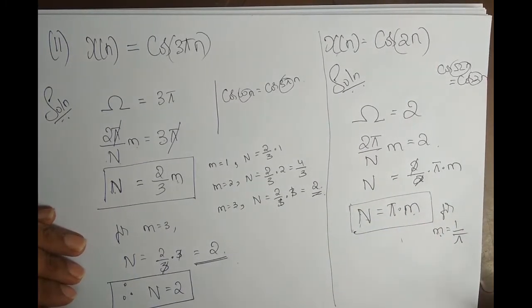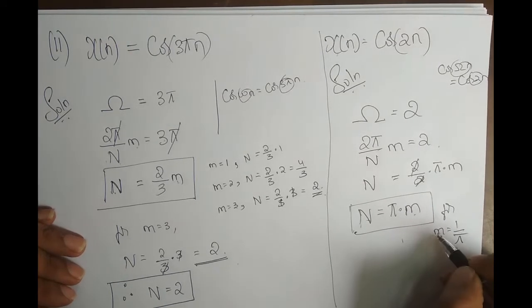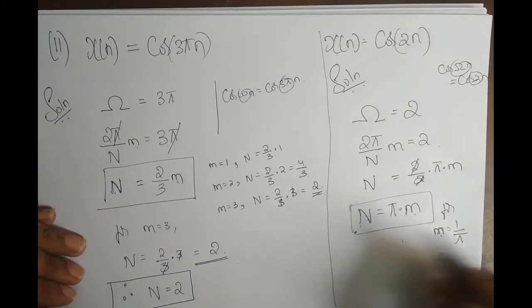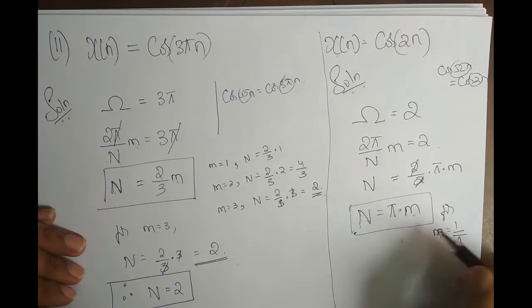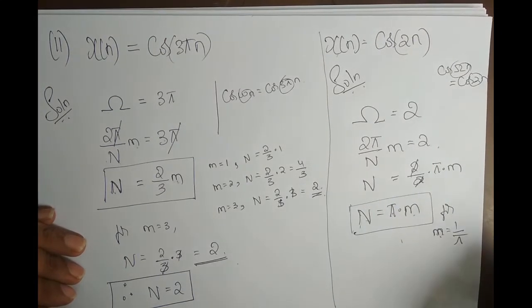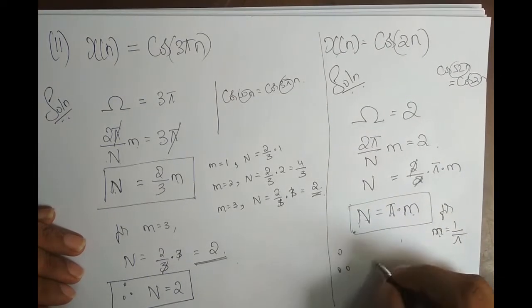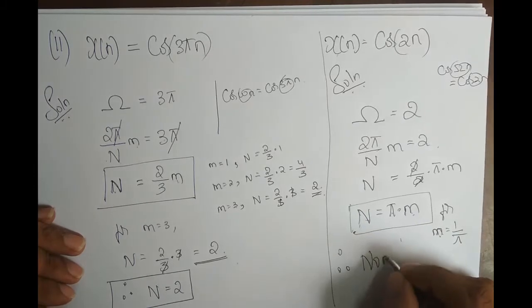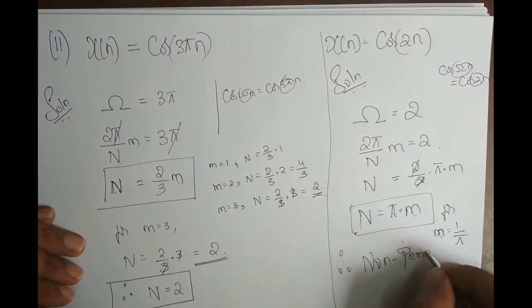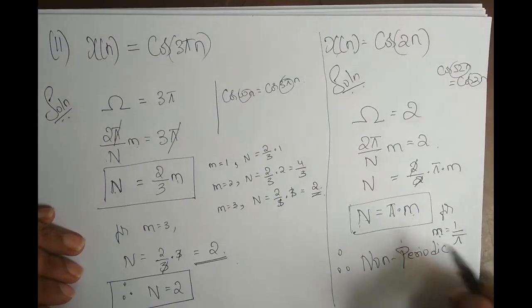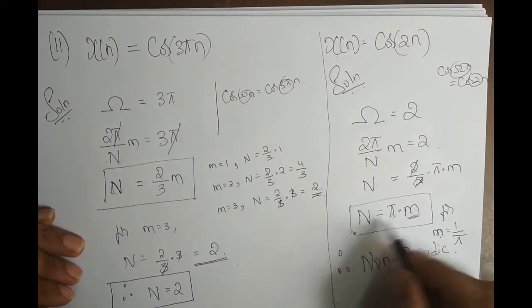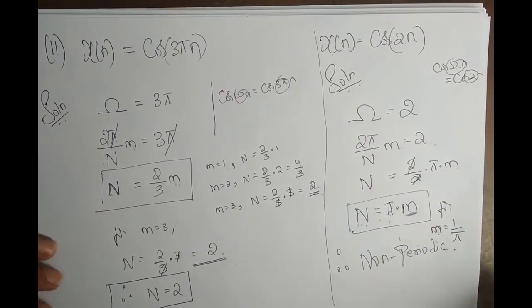If you check, there is no value of m for which capital N is an integer, because pi is 3.142. So therefore this signal is non-periodic, because there is no value of m for which the right hand side of this equation is an integer.